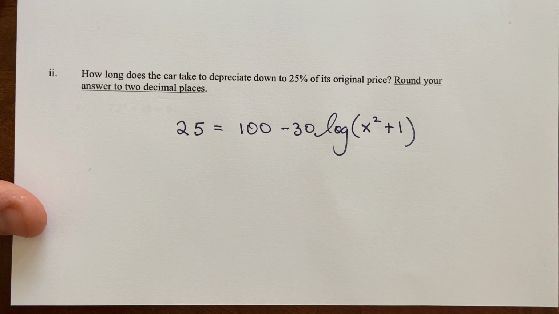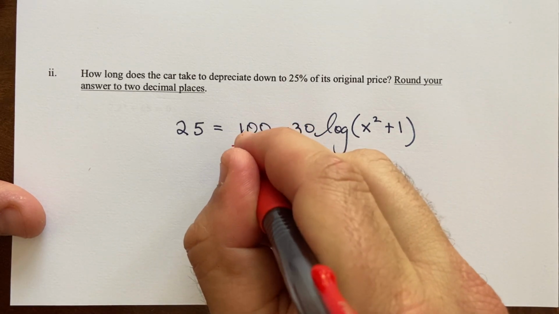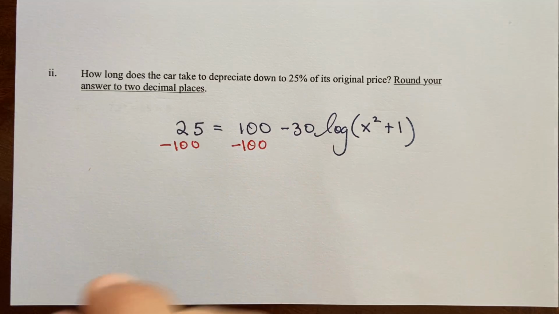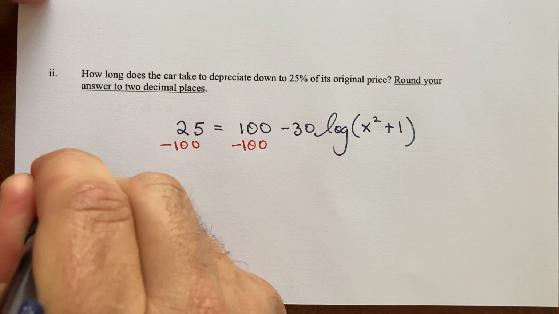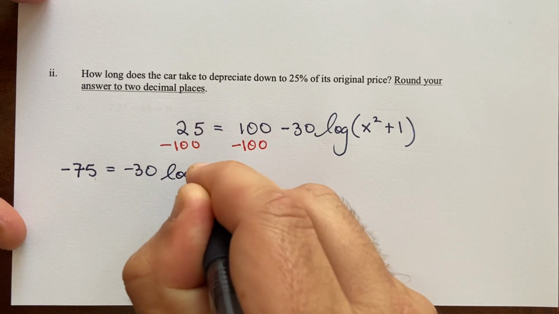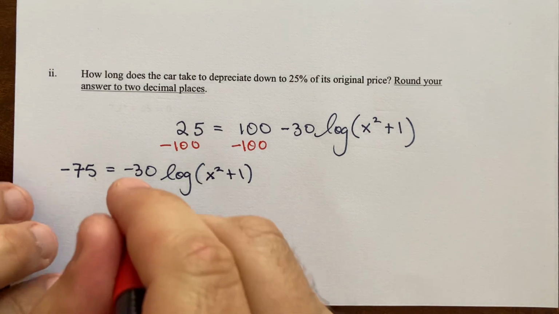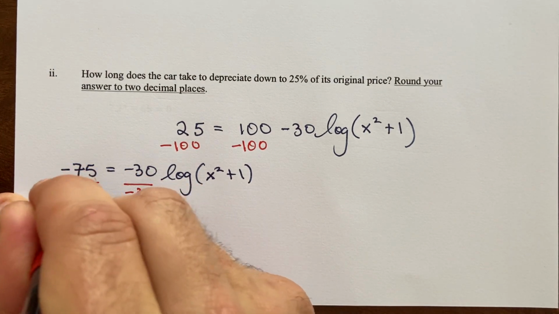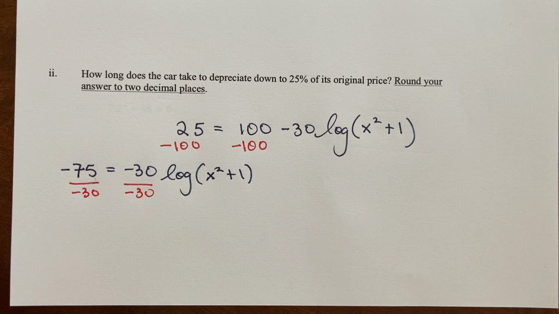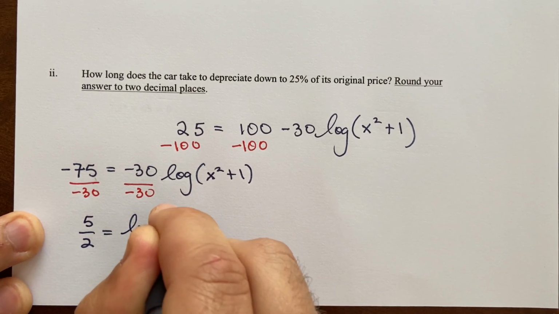Okay, so we have to solve this logarithmic equation for x. So I'll go ahead and subtract 100. We get negative 75 equals negative 30 log x squared plus 1. Divide by negative 30. So we get 5/2 equals log of x squared plus 1.